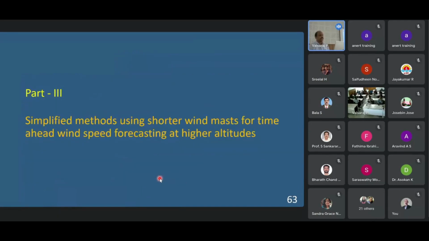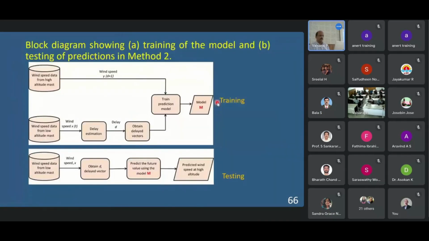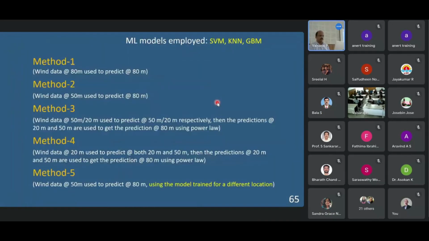In the third part of my study, I was trying to replace the taller mast with a shorter mast. Here I have taken 2 locations only, S1 and S2. This is the wind flow pattern. These are the 5 methods.